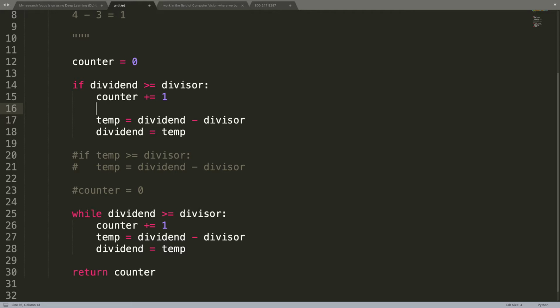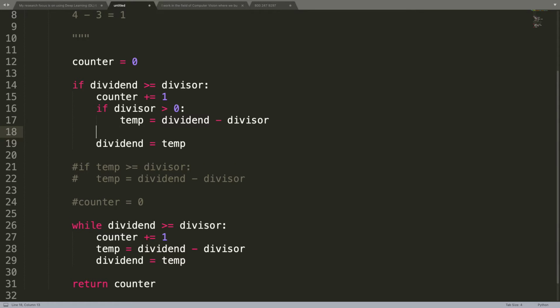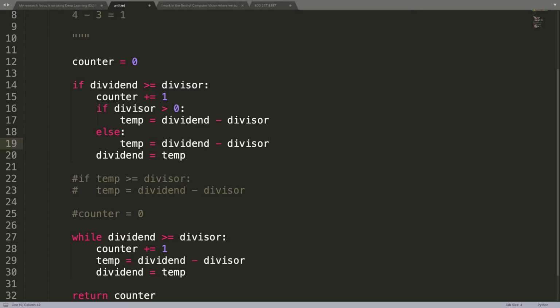And say if divisor is less than 0. Now, if divisor is greater than 0, it does this. Else it does this.